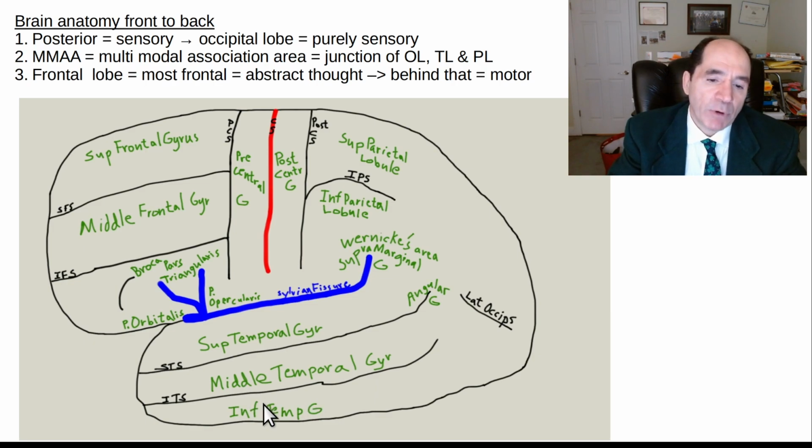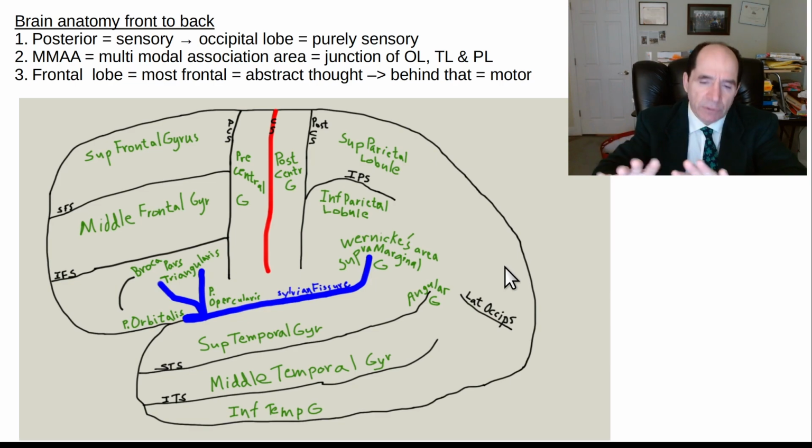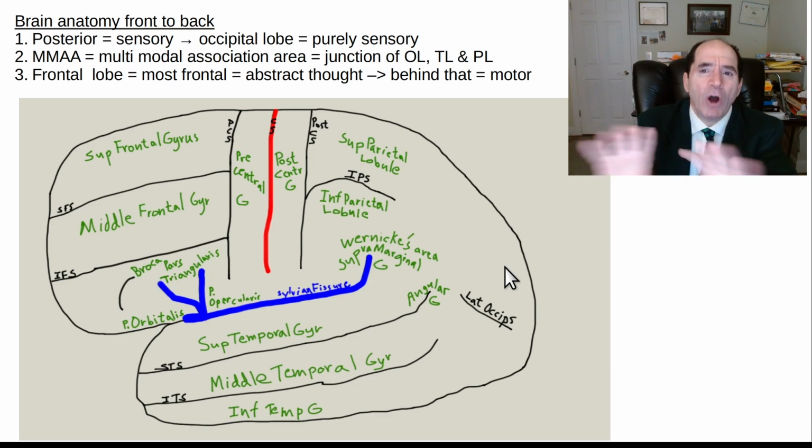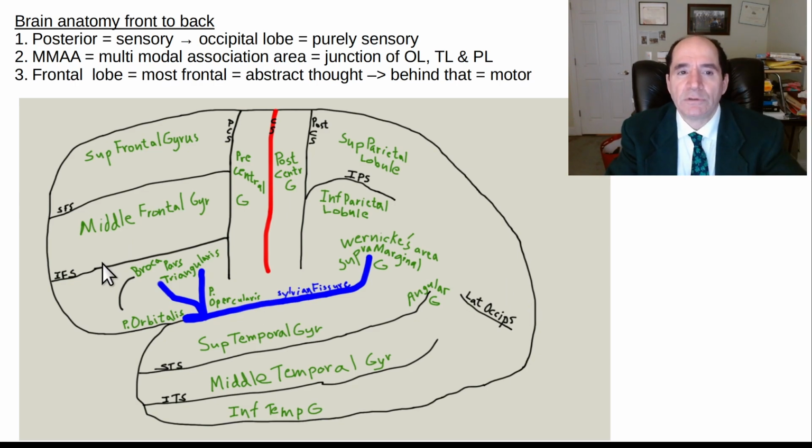Okay, and then the temporal lobe is very much like the frontal lobe in terms of superior temporal gyrus, middle temporal gyrus, inferior temporal gyrus, just like we have superior, middle, and inferior frontal gyrus. And then posterior back in here is the occipital lobe, which we think of as being purely sensory for vision. It's an oversimplification, but that's basically all we need to know. That makes sense. And we remember we talked about the frontal gyrus being abstract thought, human individualization.